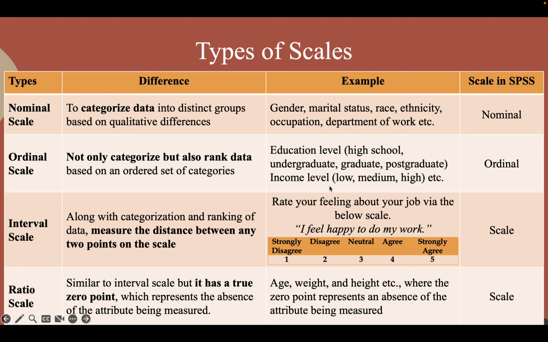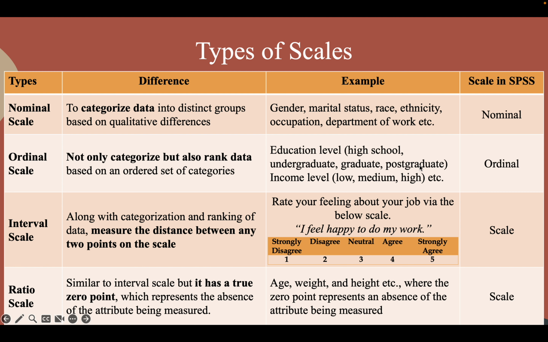If you look at these categories closely, you will notice these groups are not only being categorized but also being ranked from low level of income to high level of income. Similarly, for level of education, you can see those respondents who have high school certificates, those who have undergrad certificates, those who have graduate certificates, and those who have postgraduate certificates.